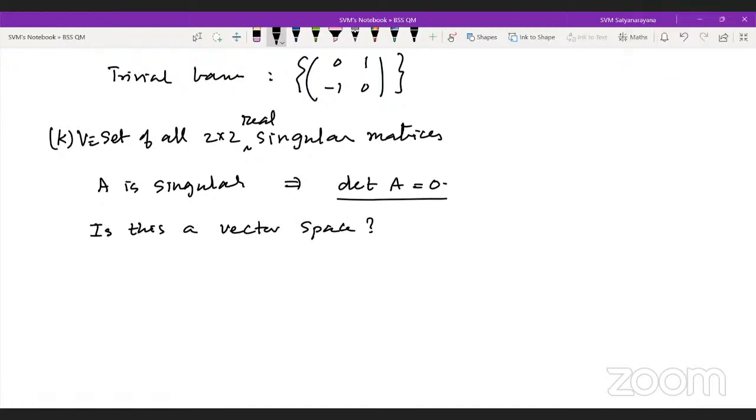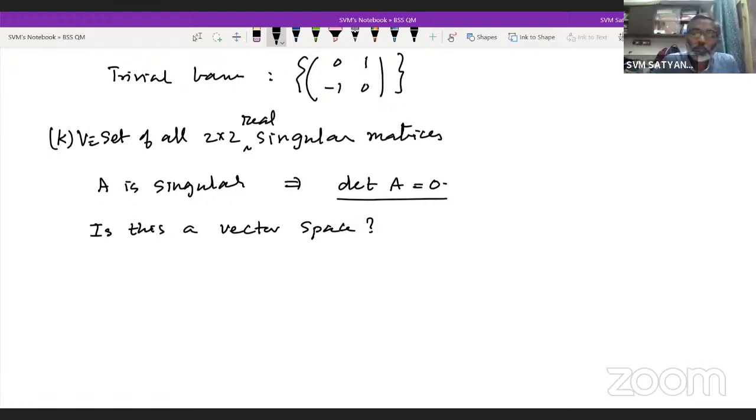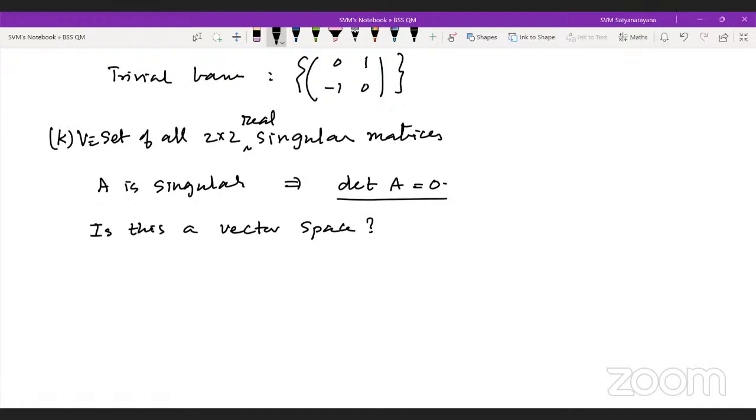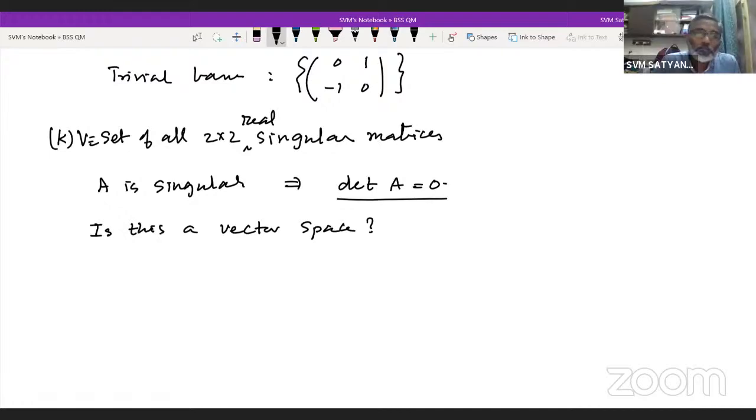No, sir. Why is it not a vector space? It's not closed. So give me an example. Okay, what is your name? You are showing ABCD.